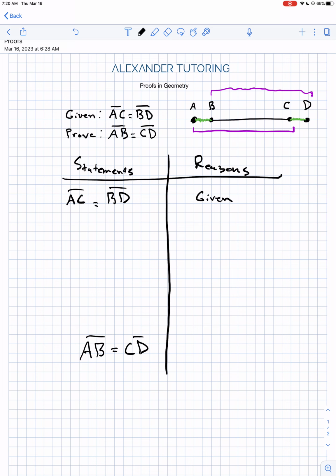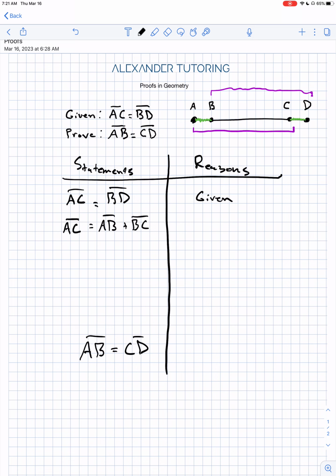So AC, what's AC? And again, I'm actually pulling this from the given. Can we write AC in terms of the sum of some smaller segments? And of course we can. We can see pretty simply that that's AB plus BC.